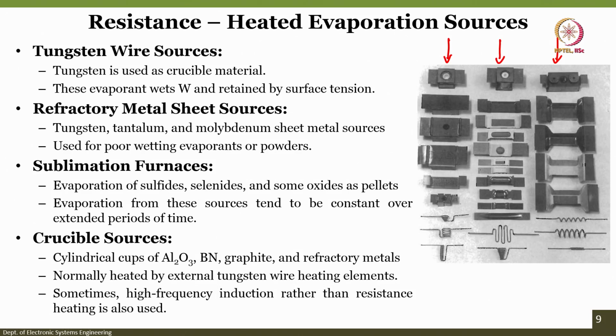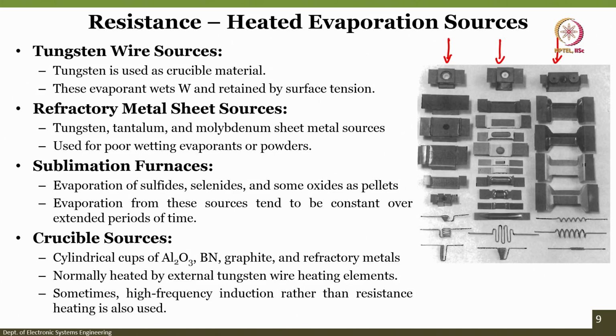The refractory metal sheet sources are made up of tungsten, tantalum and molybdenum sheet materials and are used for poorly wetting evaporants or powders. Then we have sublimation furnaces, in which the evaporation of sulfides, selenides and some oxides as pellets is possible. The evaporation from these sources tends to be constant over extended periods of time.